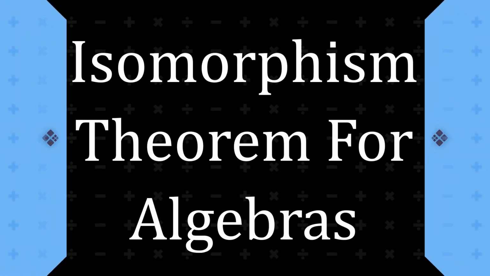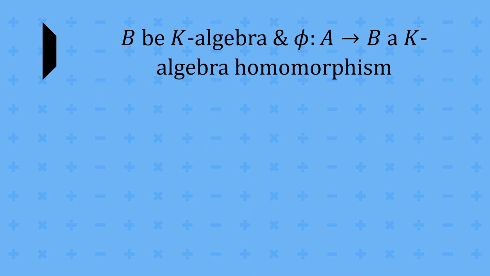Now we can give the isomorphism theorem for algebras. Let B be a k-algebra and let phi from A to B be a k-algebra homomorphism.